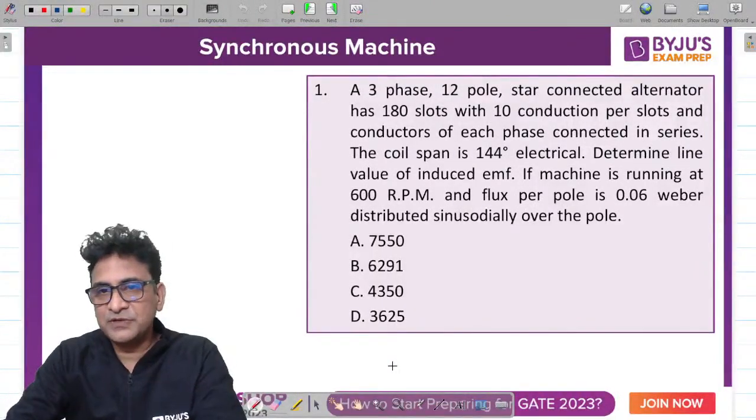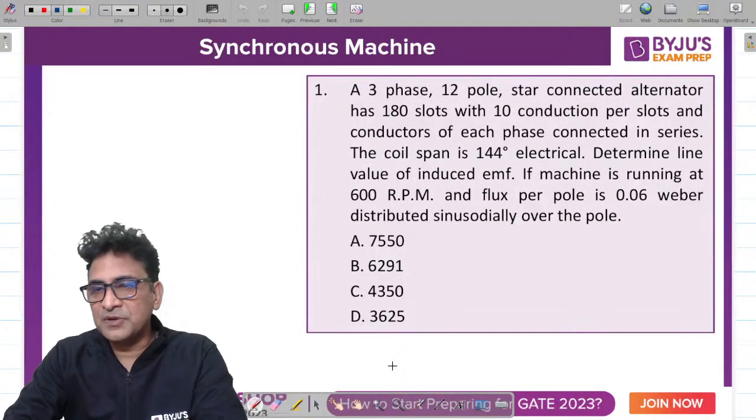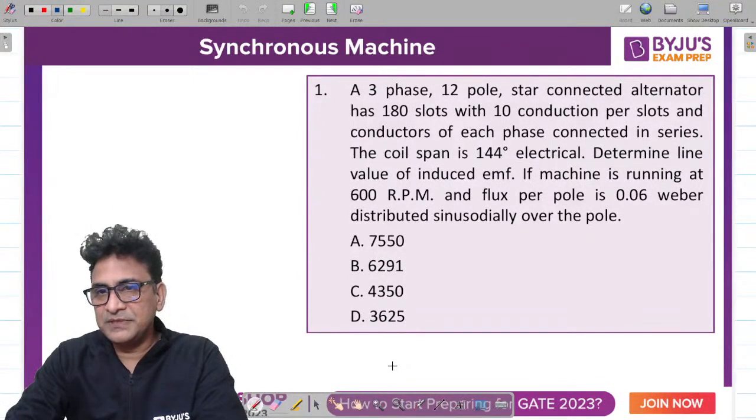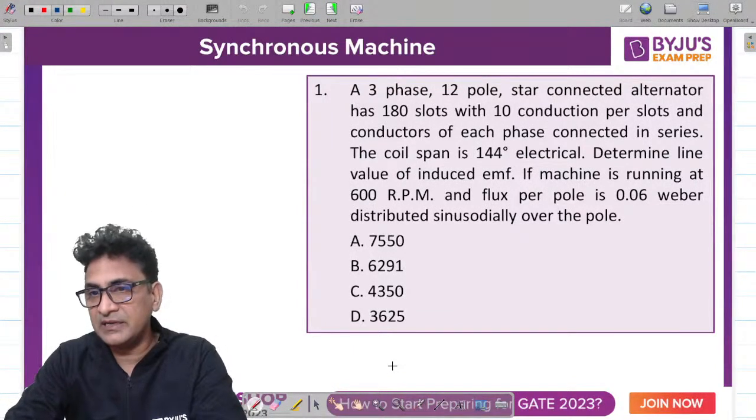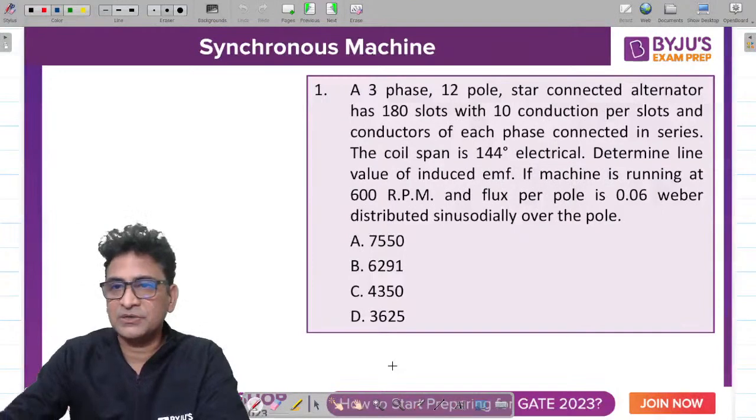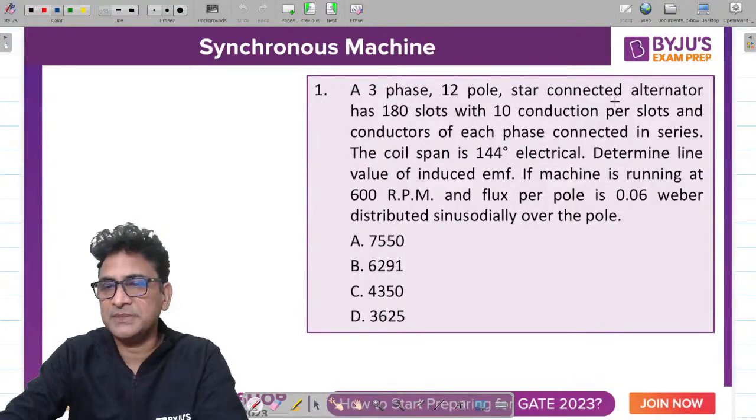So this is the first question of my class. It is from the alternator. A 3-phase 12-pole star-connected alternator has 180 slots. The total number of slots in the alternator is 180 slots with 10 conductors in each slot.